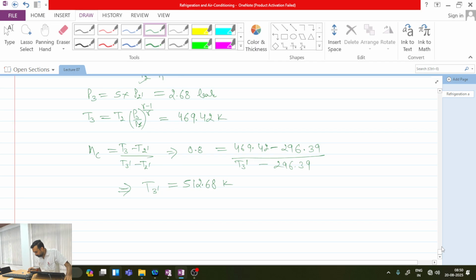What else do we need to do now? I need to calculate T4. How to calculate T4? To calculate T4, we need to understand the process of the heat exchanger. So this is the heat exchanger. In the heat exchanger, one fluid is coming at temperature T3 and it is cooled to temperature T4.